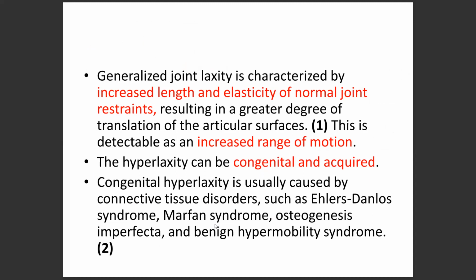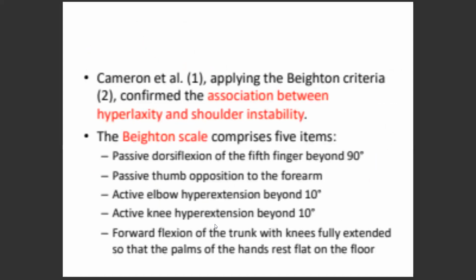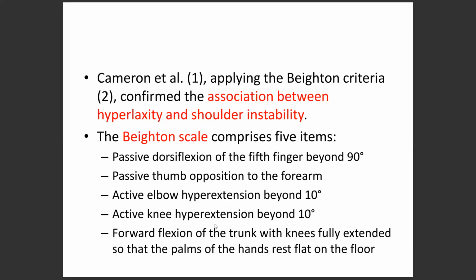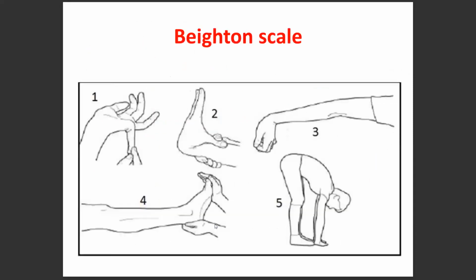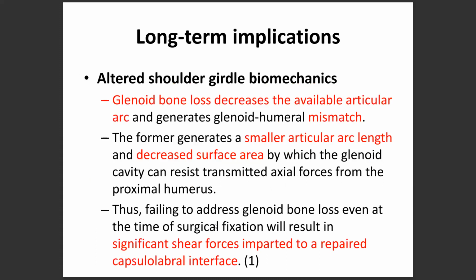We discussed some causes of hyperlaxity when it is present congenitally. We discussed the Beighton scale as well, its total score and components, the minimum and maximum score, and according to different researchers, the association of this scale with episodes of recurrent dislocation of the shoulder.